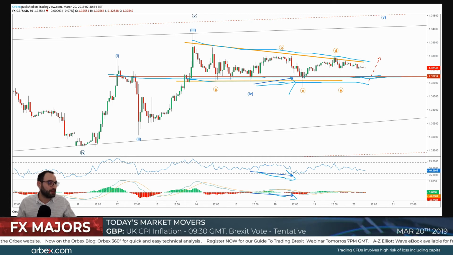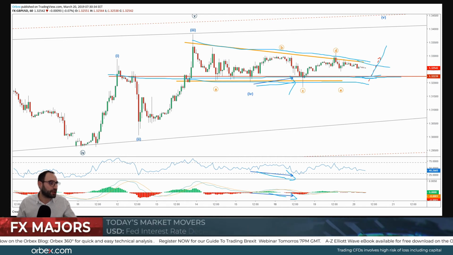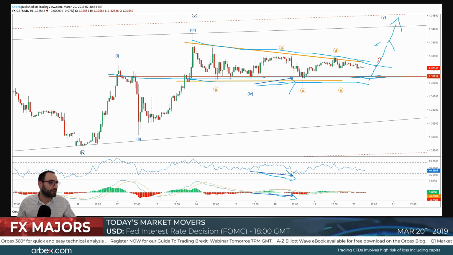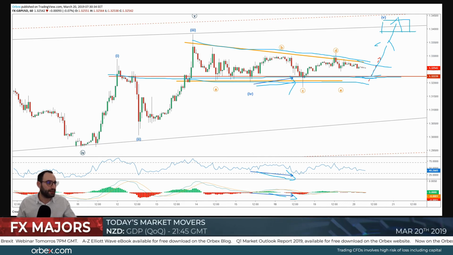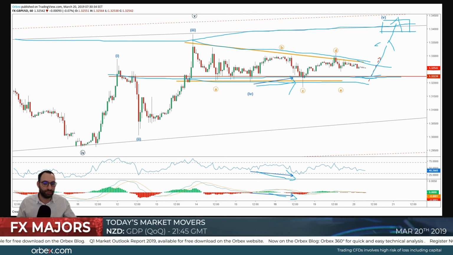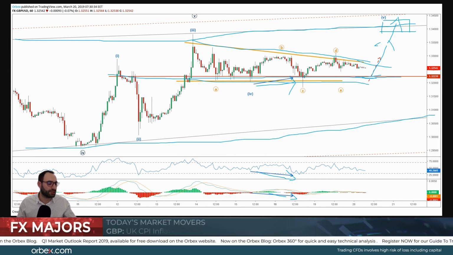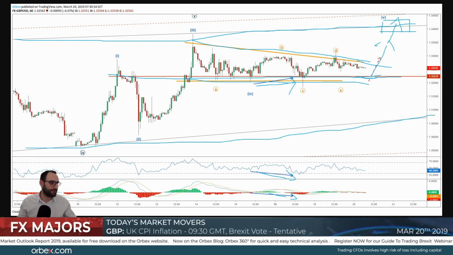For the moment, I would expect prices to break above that level and move higher towards 134.50 or even 135, given, of course, that we are able to break above this trend line that is pretty much forming a bullish ascending channel on the longer time frame.